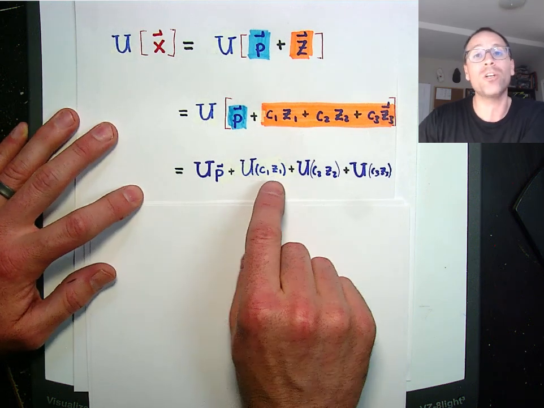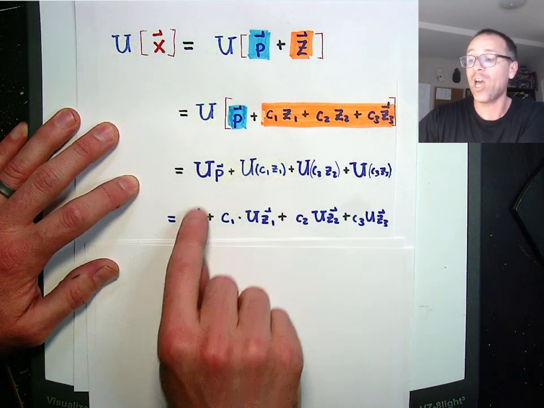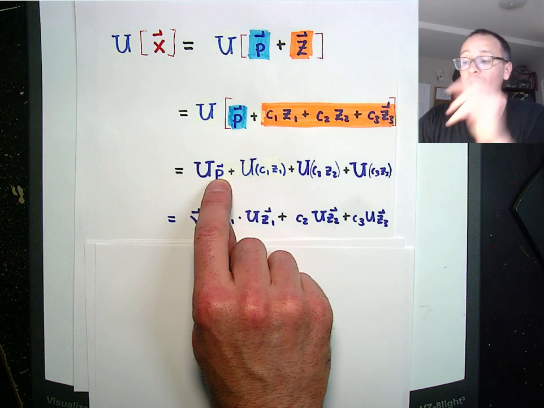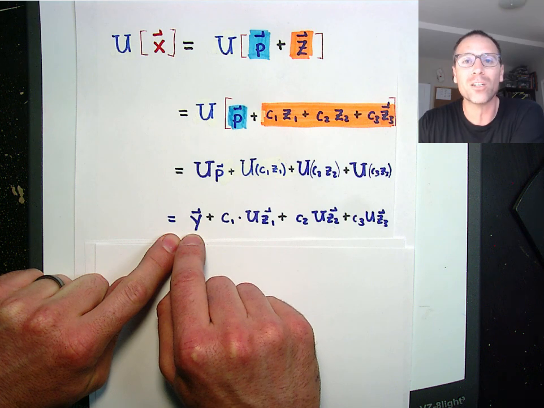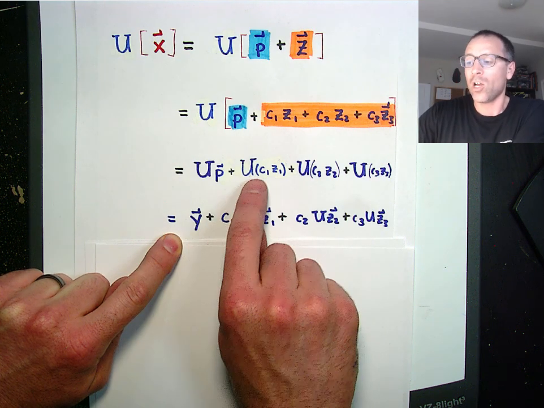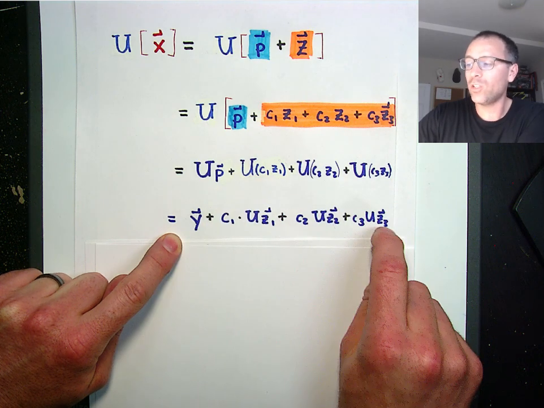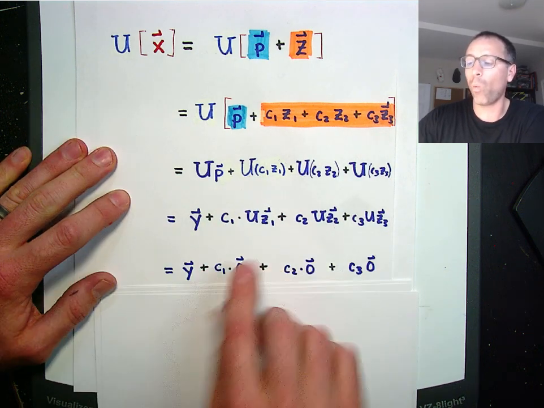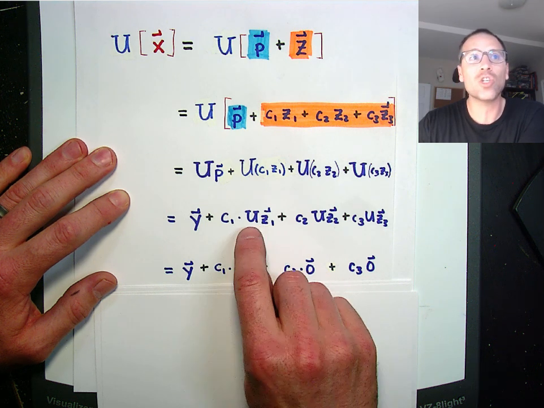And then we know by homogeneity, the whole idea that I can bring out each of the scalars, I get u times p. A particular solution means that I get sent to the original y. That was the definition of the particular solution. C1 times u times z1, the C1 came out, the C2 came out, the C3 came out, but what was the whole construction of each z? Each z sent u to 0.